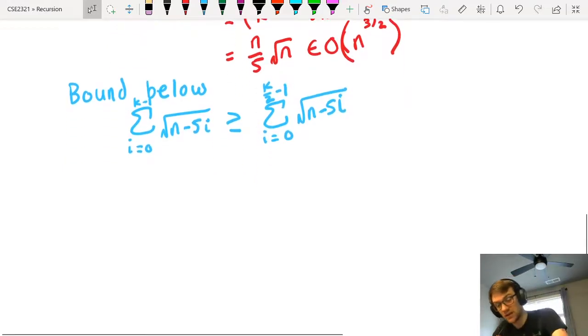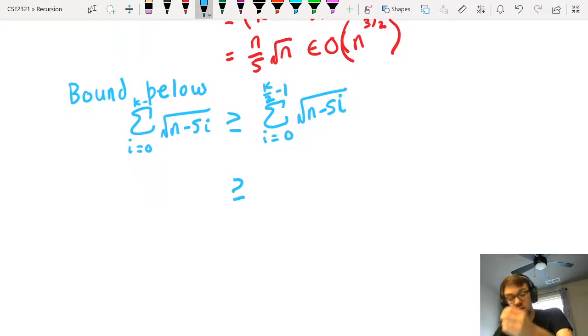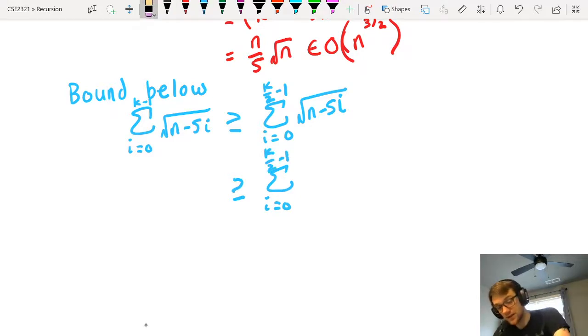Now we need to plug in a value of i to make it smaller. Again, it's decreasing in i, so larger values make it smaller. A convenient value of i that is guaranteed larger than or equal to every single term inside of this summation would be k over 2. So I replace i with k over 2.